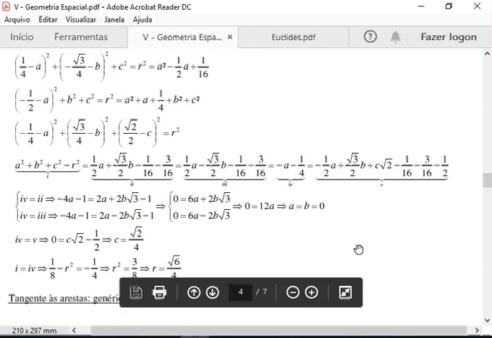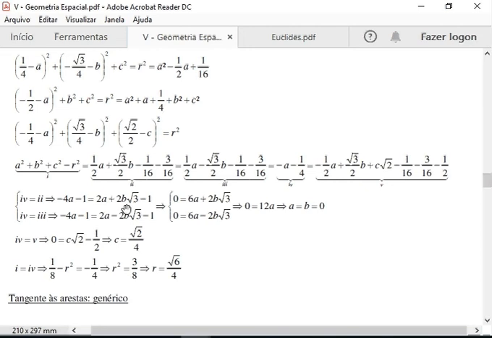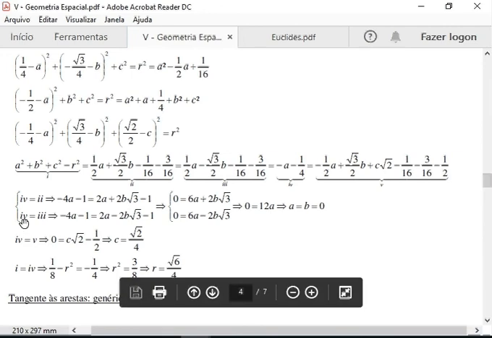Doing all the calculations, you'll conclude that if equation 4 is equal to the second, then we have a first degree equation in a and b. And 4 equals 3 gives another equation in a and b. Here is plus, here is minus.